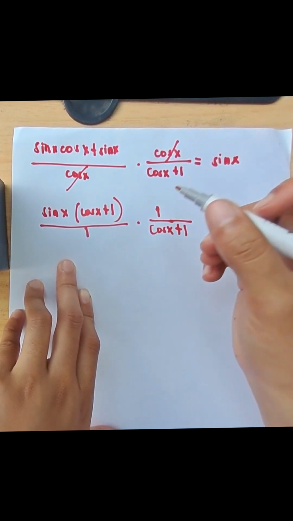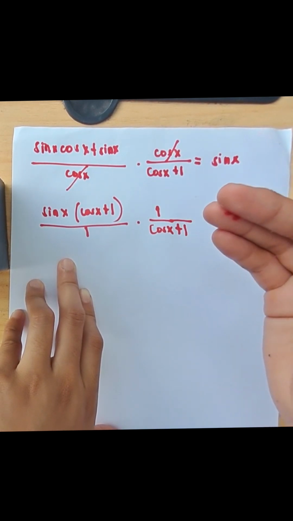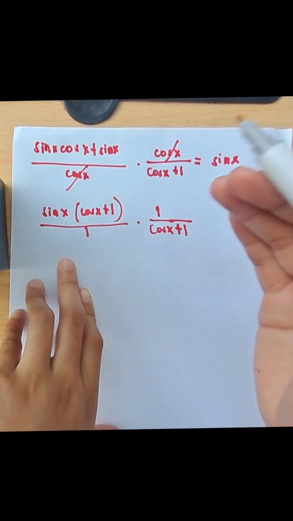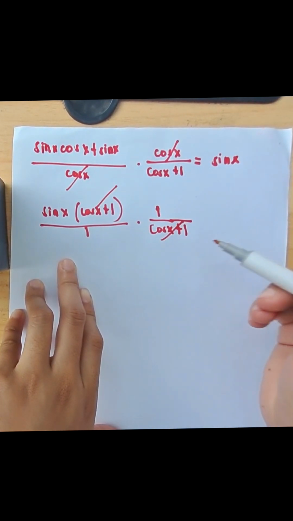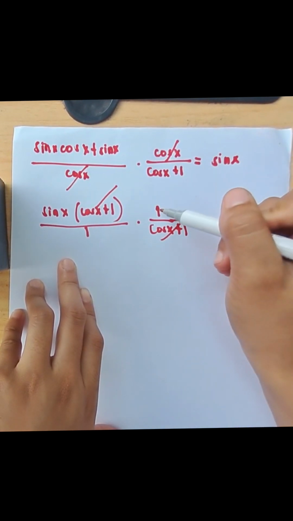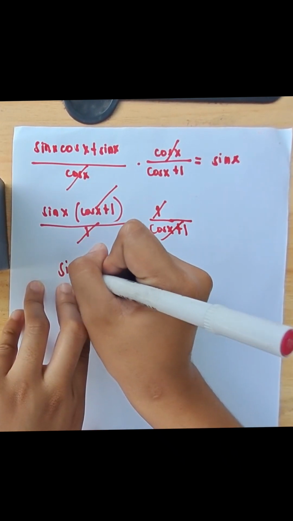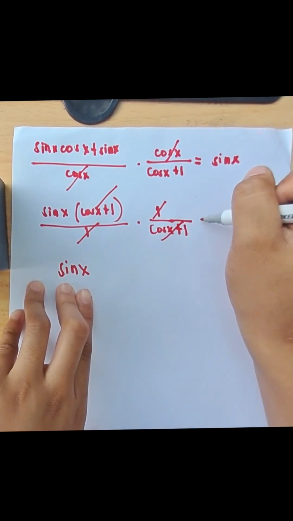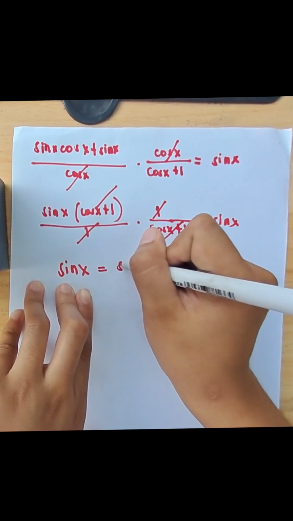So we have here a same value. So we have here a cosine x plus 1 and a cosine x plus 1. And also we have the same 1. So we have here a sine x. So this would be our answer for this proving identities.